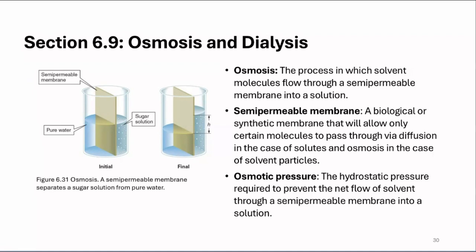And over time, at least in this example, we can observe the volume increase in the second compartment where we had the sugar solution, because this semi-permeable membrane allowed water molecules to move from one compartment to the next.